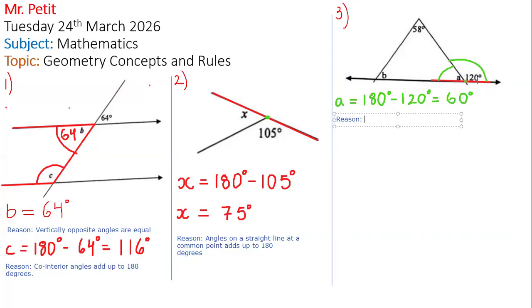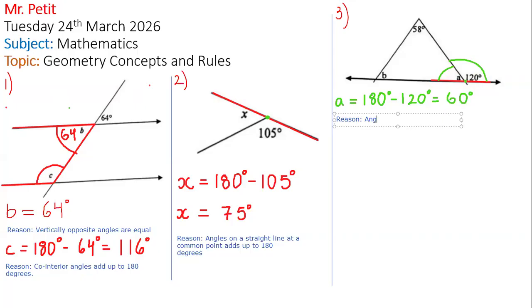Whenever you have angles on a straight line at a common point, they must add up to 180 degrees. Since we already know this angle is 120 degrees, we take 180 and subtract 120 to figure out the missing angle. So we use that rule. Does that make sense to you, Anthony?